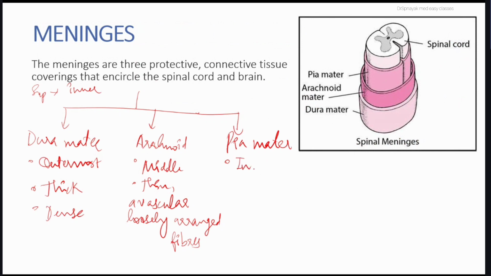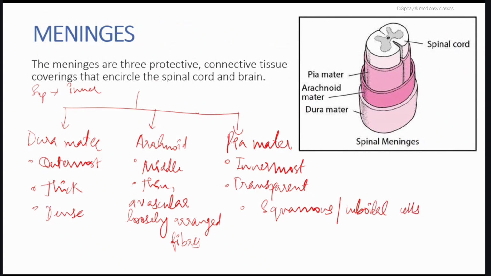The innermost membrane is the pia mater. It is transparent, and the pia mater consists of squamous to cuboidal cells which are interlaced in between bundles of collagen fibers and few elastic fibers.